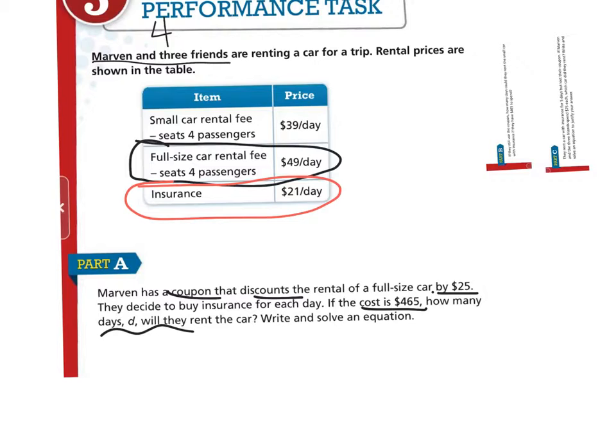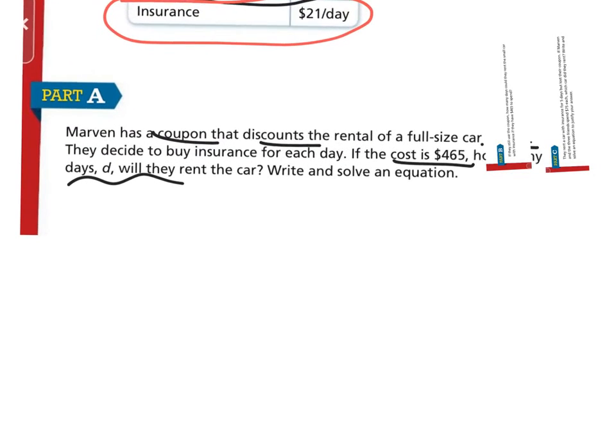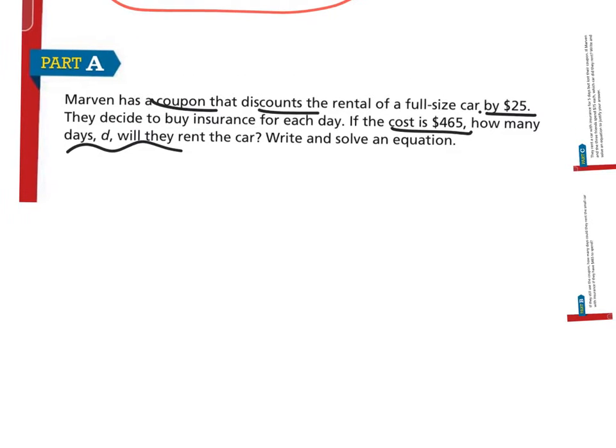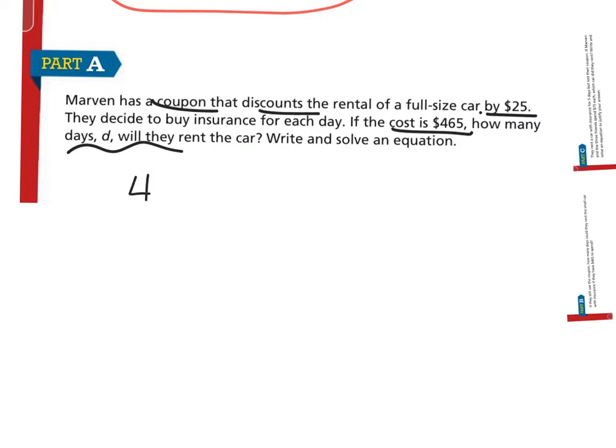One of the things that's not real clear here is about the coupon, whether that's $25 a day that we're being discounted or just a one-time deal. In this case, they want that to be a one-time deal, the $25. So we've got $49 a day for the car, $21 a day for insurance, which we could add, but we need to write an equation.